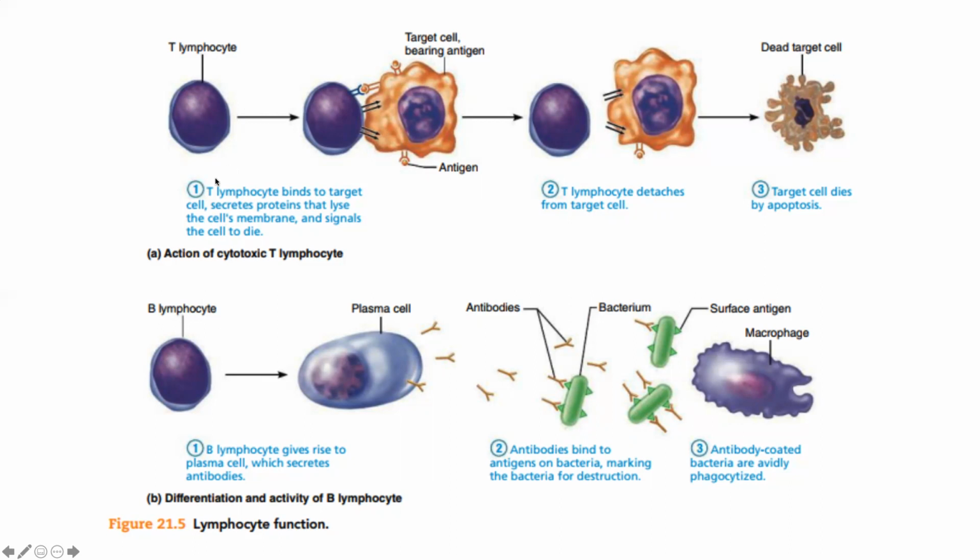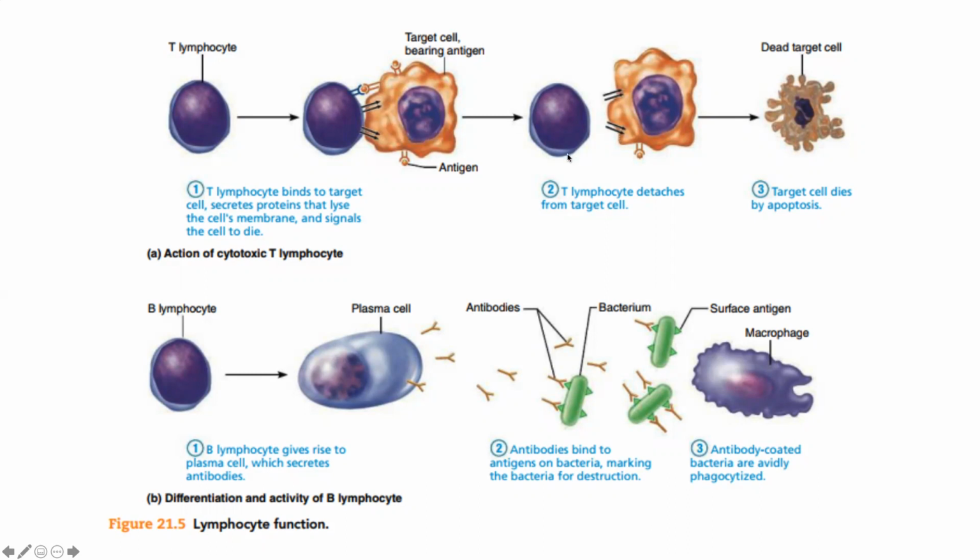If you look at T lymphocyte, it will go and attach to the target cell, which contains invading foreign protein, which we call antigen. And then the T lymphocyte will secrete protein that will damage the cell.